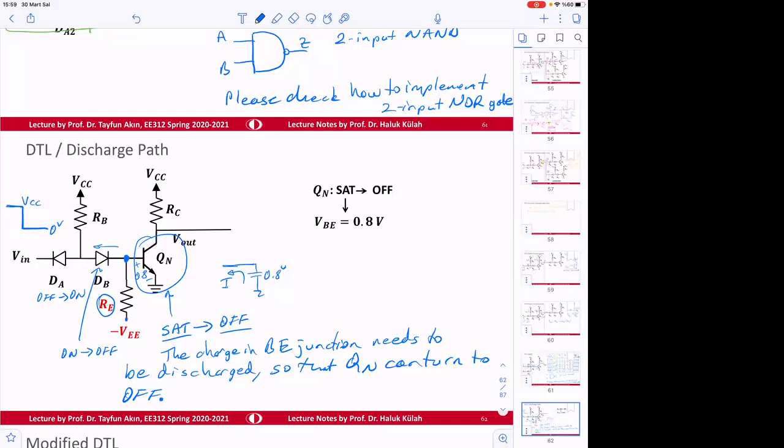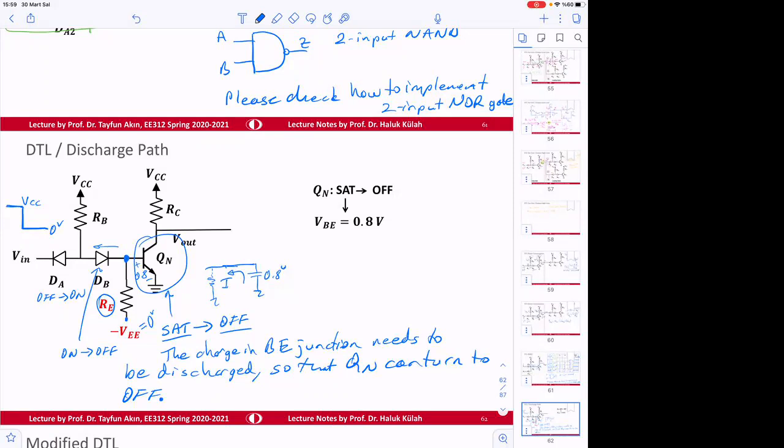One side is connected to the base, and the other side VE can be 0 volt, or even less than 0 volts. So we apply a voltage there, or connect ground. Therefore, this resistor path is used for discharging. So SAT to off is a critical thing for discharging.